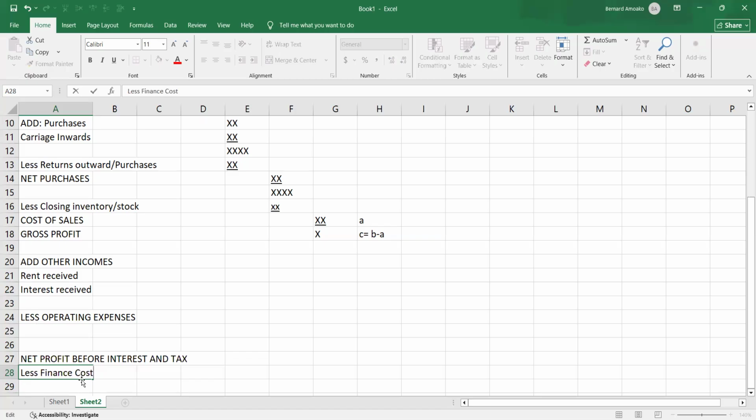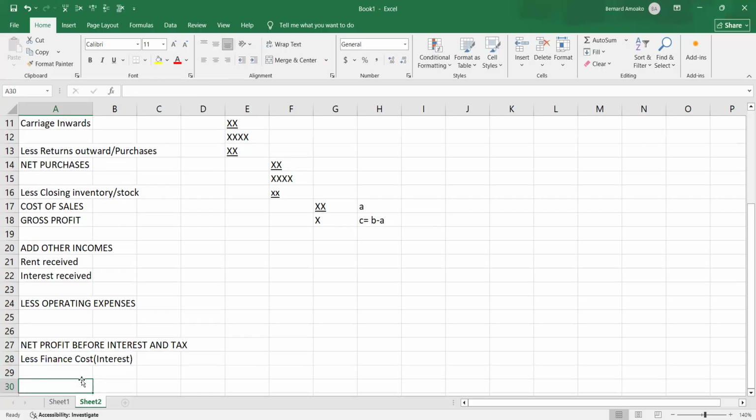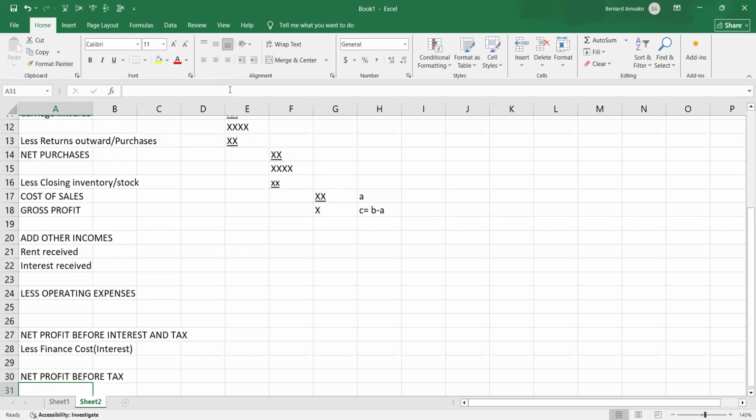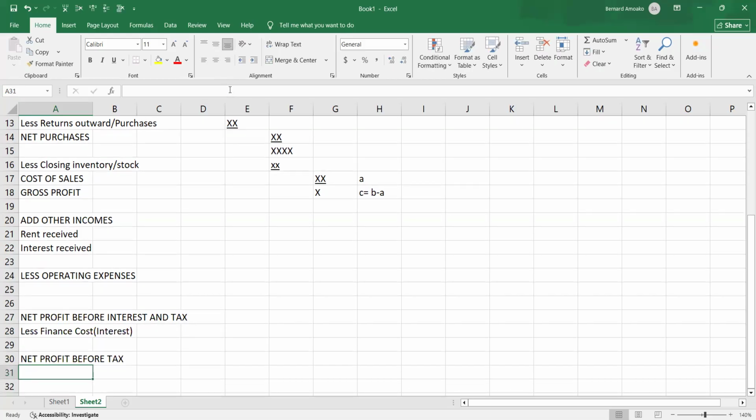But the interest that you pay is what we call the finance cost. Once you less the interest, you get net profit after interest, or net profit before tax. Then you charge the tax in the question to give you a net profit after tax.